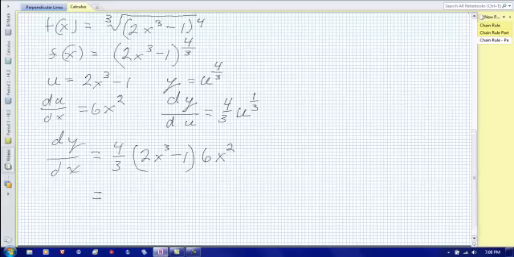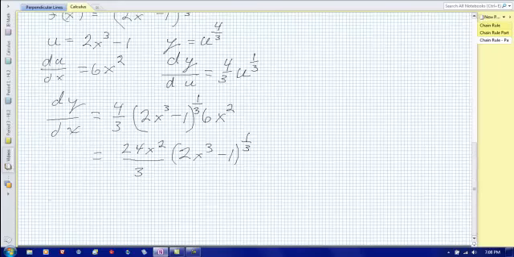Clean that up a little bit. We've got 24x squared over 3. Oops. Forgot the 1/3 power up here. Sorry about that. That certainly should be the 1/3 power. And this times 2x cubed minus 1 to the 1/3 power.